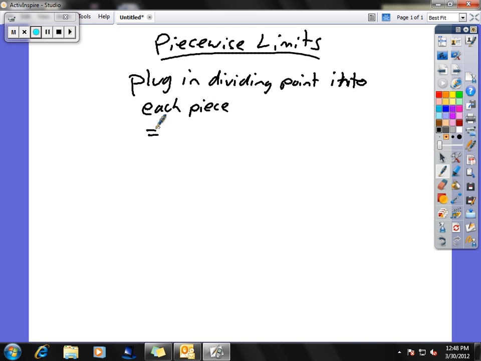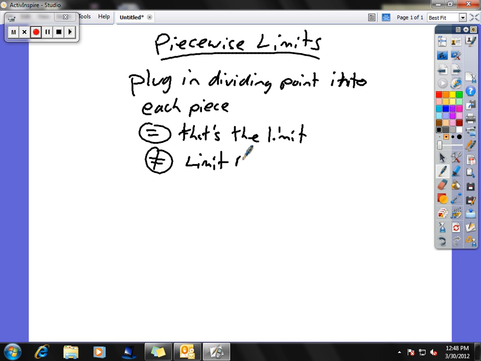Okay, and then if they come out equal, then that's your limit. If they don't come out equal, then the limit does not exist. Okay, because remember, when we're plugging in, we're finding the y value. So if those y values are different, that's where there's a jump and the limit doesn't exist.